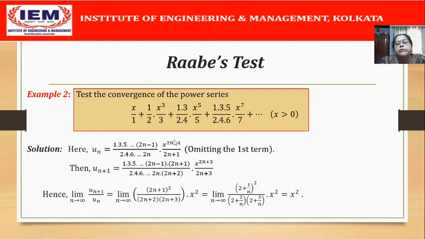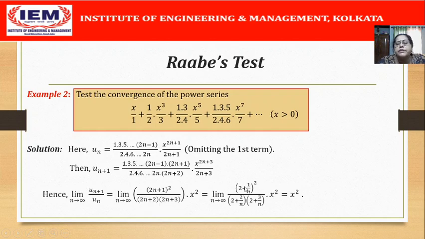If we put these expressions for u_(n+1) and u_n, some of the terms will cancel out. Basically for the x power, this is x to the power 2n plus 3 and this is x to the power 2n plus 1. So we will be left with x square, and the rest of the term will be like this: (2n plus 1) whole square divided by (2n plus 2)(2n plus 3).